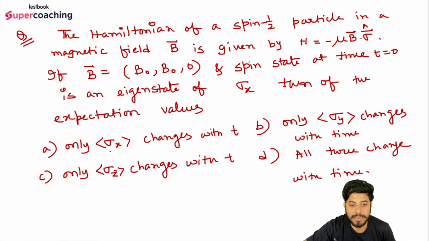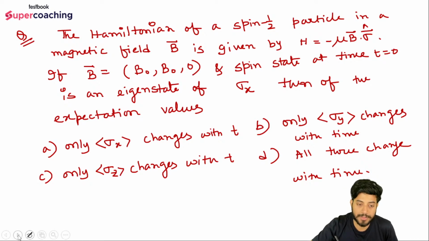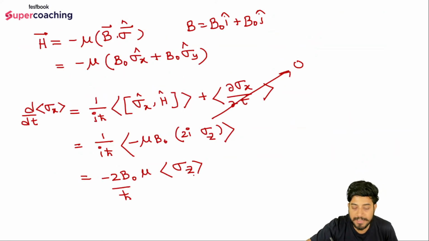What was the question? Only sigma x changes with time. If sigma x changes with time, then d/dt of sigma x should be non-zero. The derivative of sigma y should be non-zero, the derivative of sigma z should be non-zero. So here you can see the derivative of sigma x is this, where this is a time-dependent function and non-zero. So that's why it will change with time.